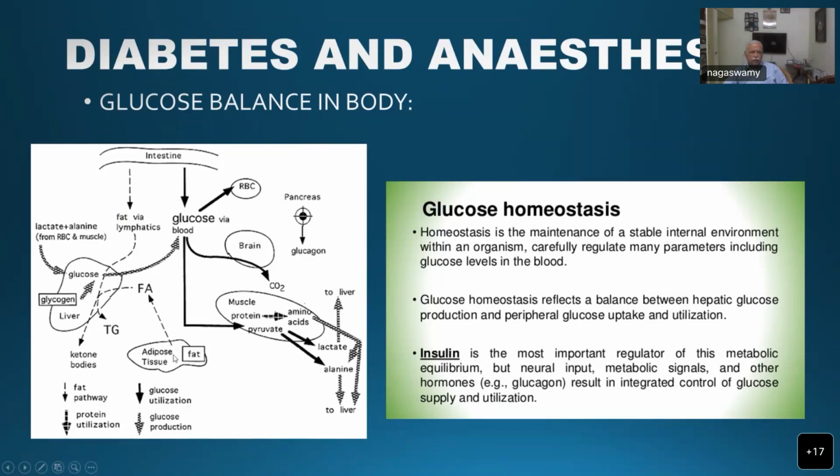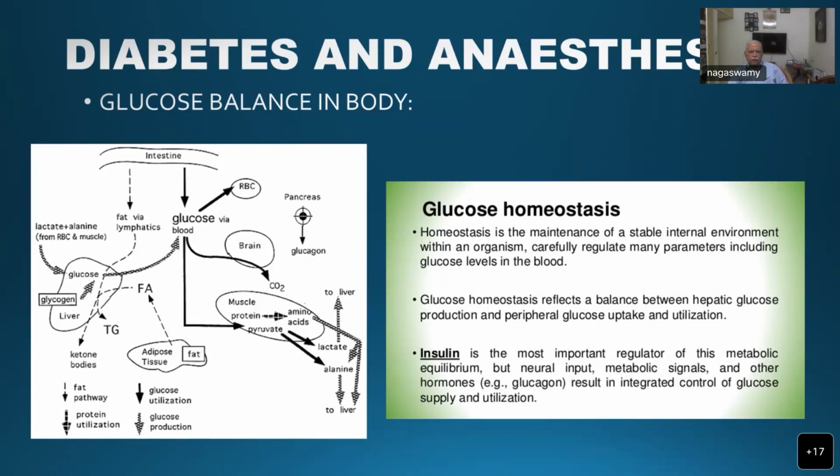So excess of glucose intake results in putting on weight because that glycogen will be converted to adipose tissue also, and breakdown produces some ketone bodies when there is a reduced level, and lactate and alanine also contribute to what is called neoglucogenesis from other substrates.